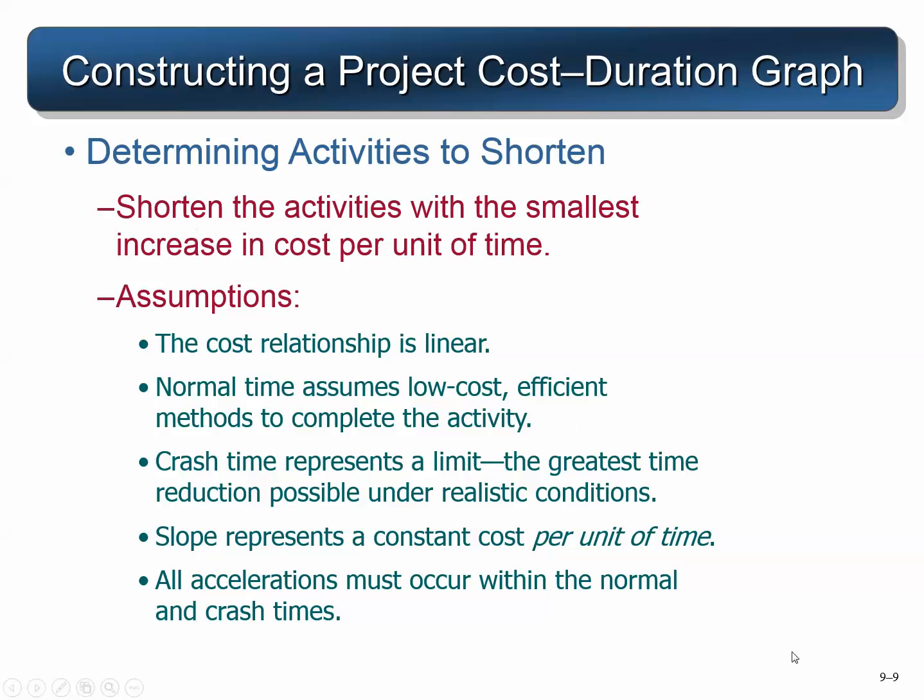There are a lot of assumptions being made here, and not all of these assumptions are correct. For example, I've had some students say, well, you suggest I should reduce an activity that's the least expensive to reduce. Yes, that's generally correct. Well, what if that is the most risky one? Maybe I should spend a little bit more money on a less risky activity.